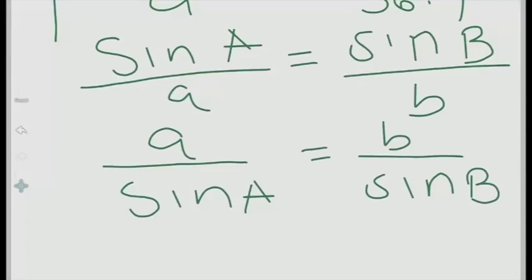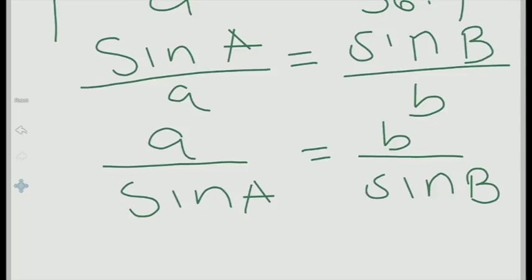It will be easier to make it the subject of the formula. As we are looking for a here, if a is a denominator, we have to multiply and divide, whereas here we simply have a on top. We substitute all the other values, simply multiply by sine A, and we are left with a. So depending on what is being asked in the question, you can use either of the two. It has the same mathematical value.